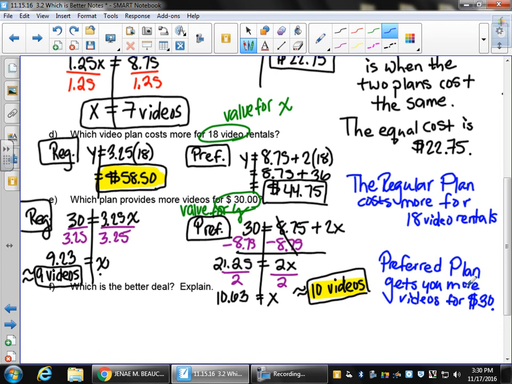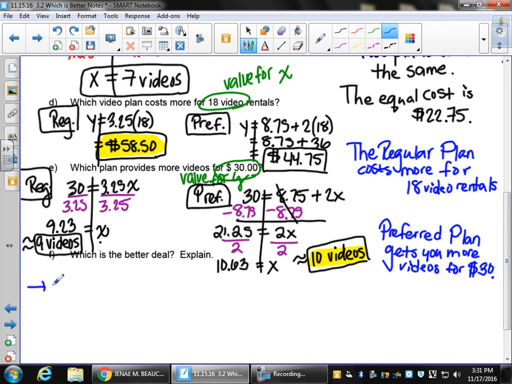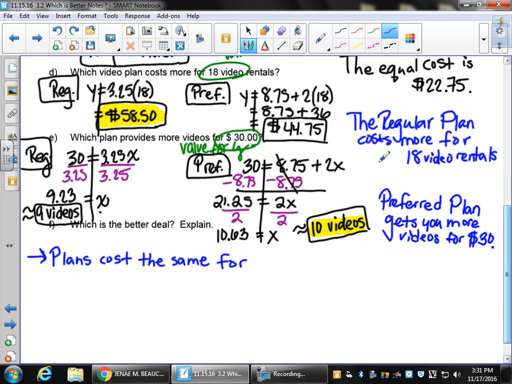Which is the better deal? Again, we have these awesome follow-up questions, so maybe we can use our work in previous questions to get the answer for this one. Pay attention first to when they are the same. Plans cost the same for 7 videos.